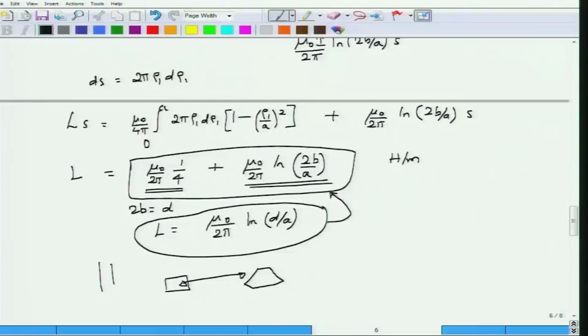Although this may not really seem so weird, because when you fabricate a 2 wire line, you would expect a nice circular cross section, but what you would actually get is some sort of a deformed cross section, right.